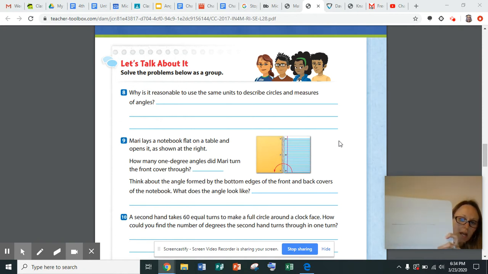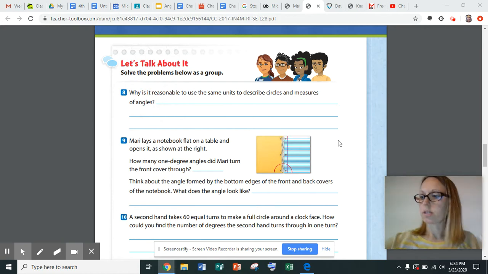When you draw a straight line, this straight line measures 180 degrees. So from here, I'm drawing it backwards. From there to there is 180 degrees. So when you go from there to there, that's 180 degrees. So a straight line is 180 degrees.